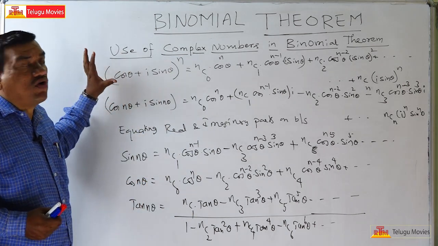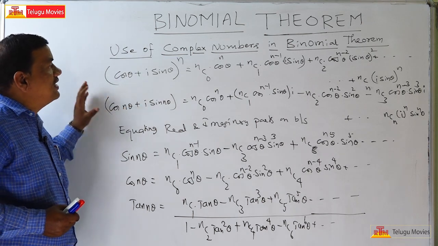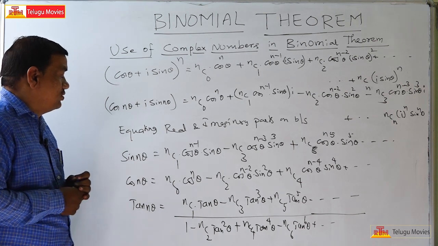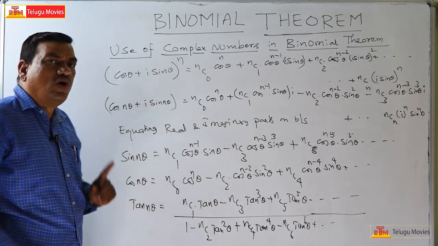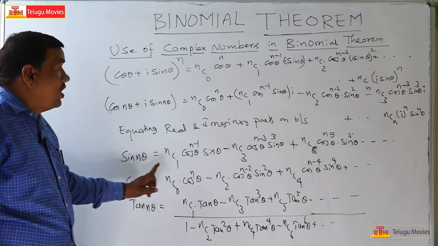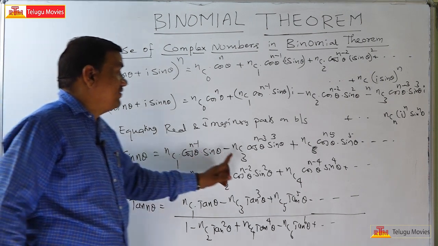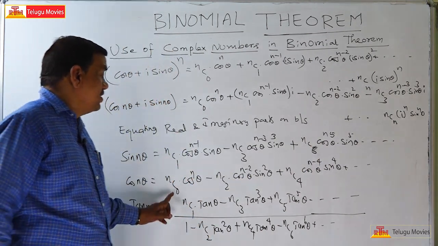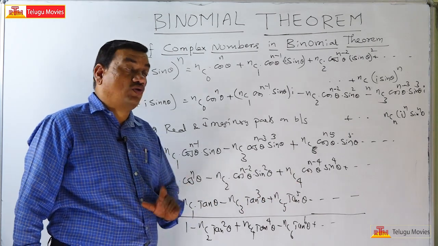So this is the use of complex numbers: I used the binomial theorem on the complex number. What you have to remember is, for sin n theta, the odd suffixes 1, 3, 5. For cos, the even suffixes 0, 2, 4, and so on.